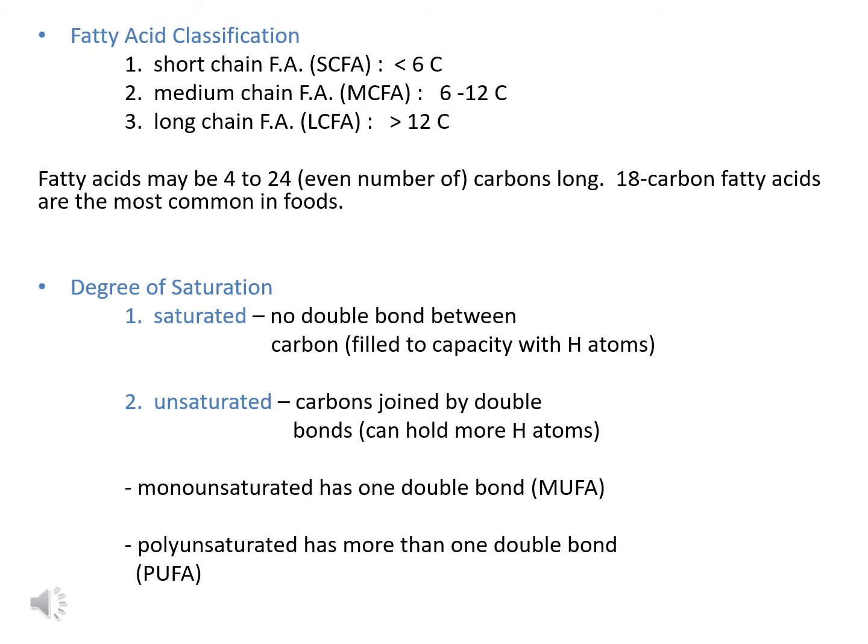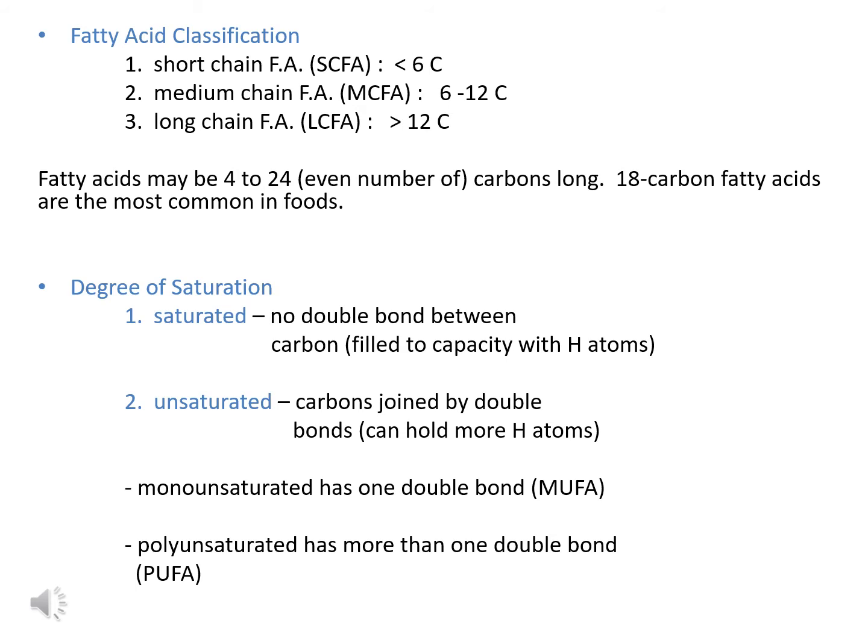Those which contain 6 to 12 carbons are referred to as medium-chain fatty acids, and those with greater than 12 carbons are referred to as long-chain fatty acids. Most naturally occurring fatty acids have anywhere between 4 to 24 carbons in their length, always, however, with an even number of carbons. 18-carbon fatty acids are the most common that we find in foods.